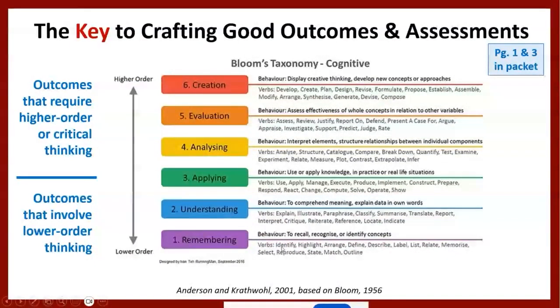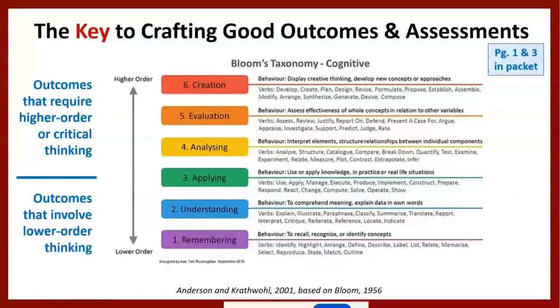So you see here, you're given verbs that will help you when you write learning outcomes or when you write assessments, which we'll see in a second. These are the verbs you would use to get students to reach that particular level of thinking. So if you're really interested in students being able to evaluate, the verbs that you would use in your learning outcome or your assessment would be something like justify or support or present or argue.